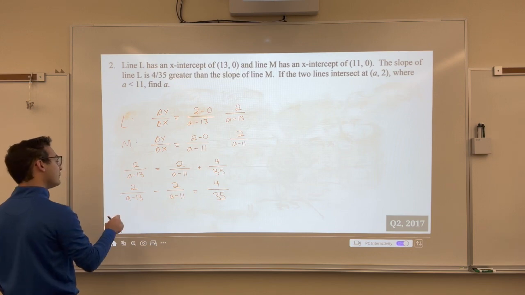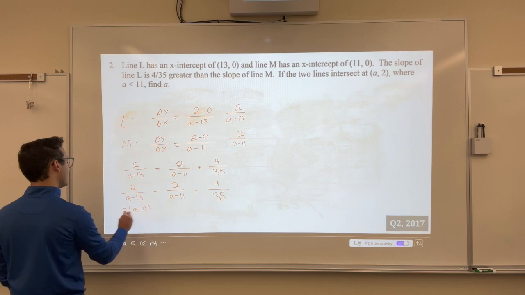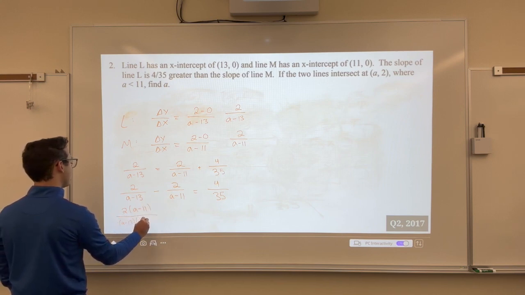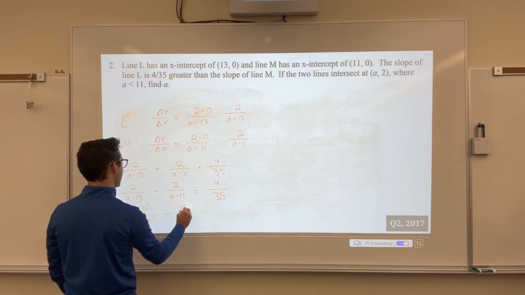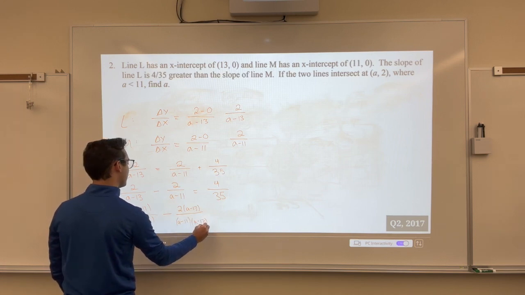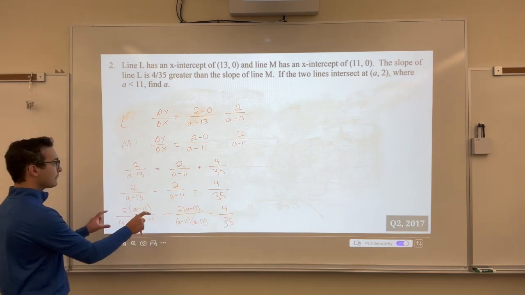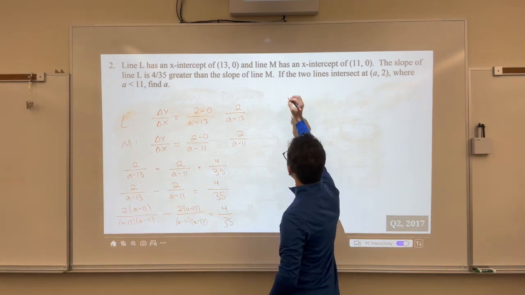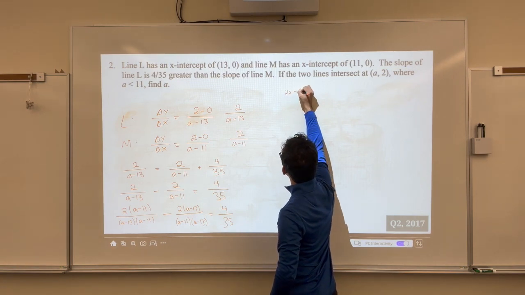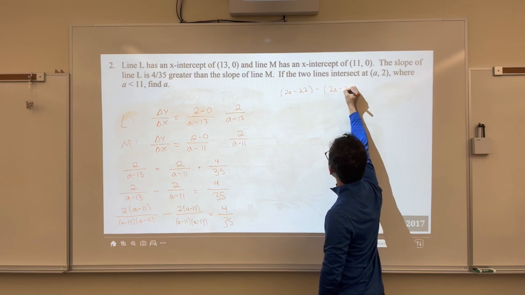Finding a common denominator, we would get that 2 times (a minus 11) over (a minus 13) times (a minus 11) minus 2 times (a minus 13) over (a minus 11) times (a minus 13) equals 4 over 35. Now, simplifying this, that numerator would be 2a minus 22 minus (2a minus 26).